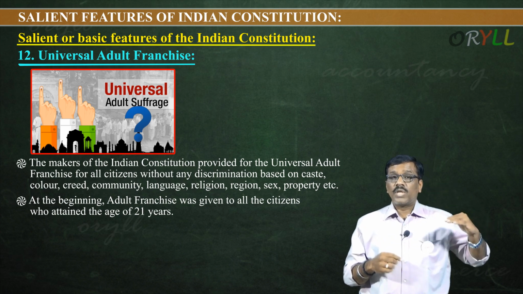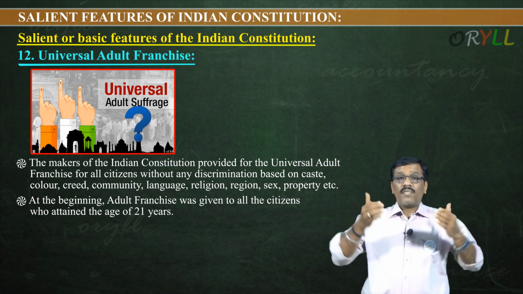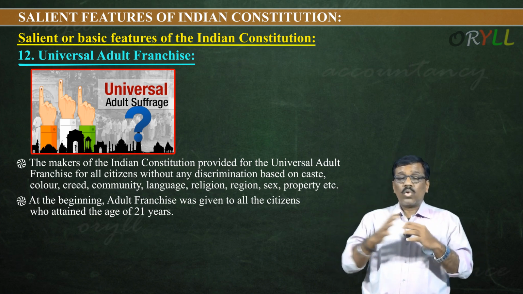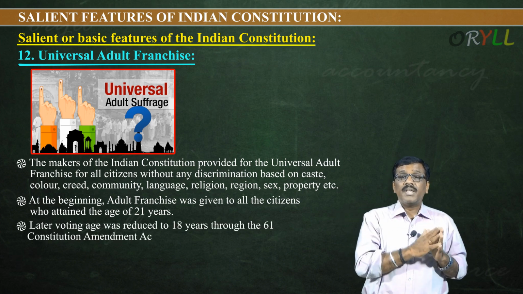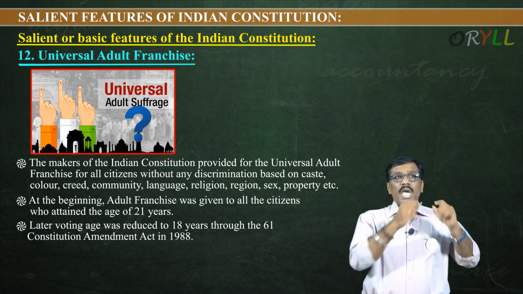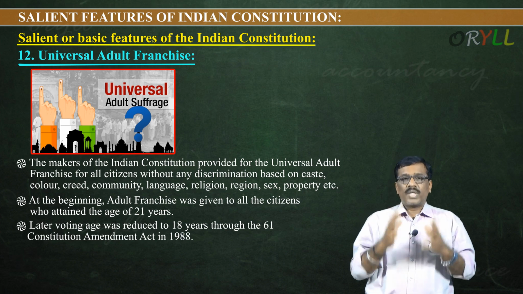Why they fixed 21 years: they thought our brain will have blossomed by then, and we will be in a position to think what is right, what is wrong. But over a period it has changed. Later, the voting age was reduced to 18 years through the 61st Amendment Act in 1988. Now, anyone who has attained the age of 18 can exercise their voting right.